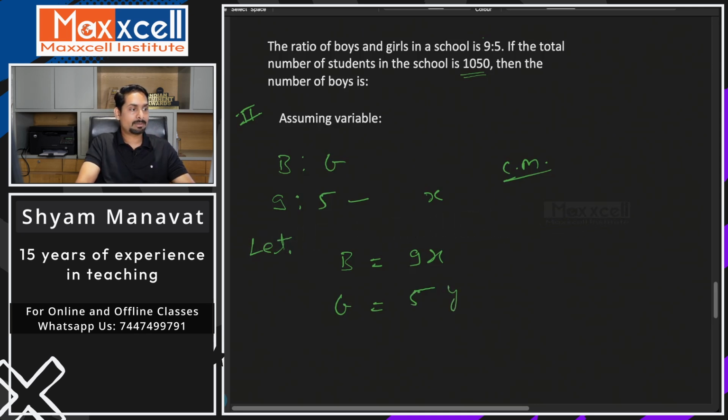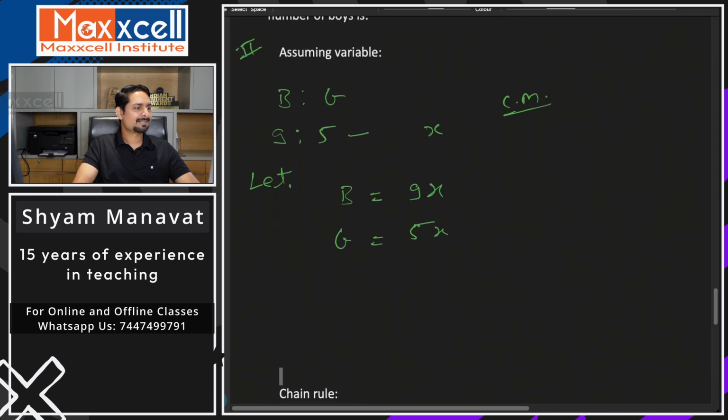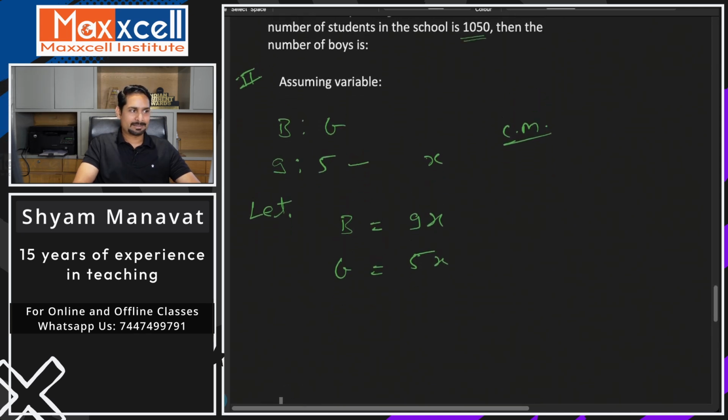It has to be the common multiple, because 9 and 5 are in ratio, they are compared with each other. If I assume the first as 9x, the second I have to assume as 5x. This is how we do the assumption.